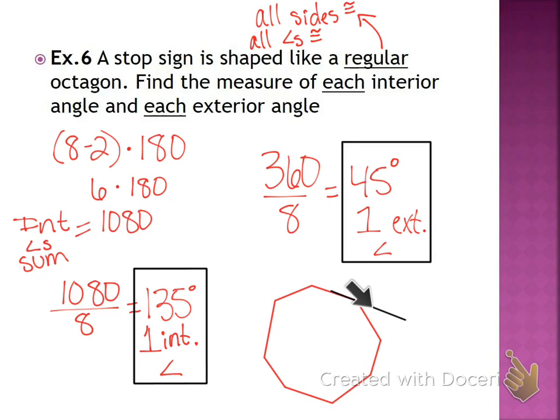One interior angle and one exterior angle make up a straight line, so it should make sense that they are supplementary. So the other way of doing this would be to find an interior angle and then subtract it from 180. You'd have an exterior angle. Questions, concerns about what I mean by that?